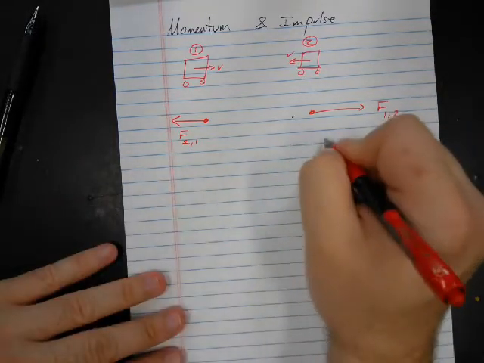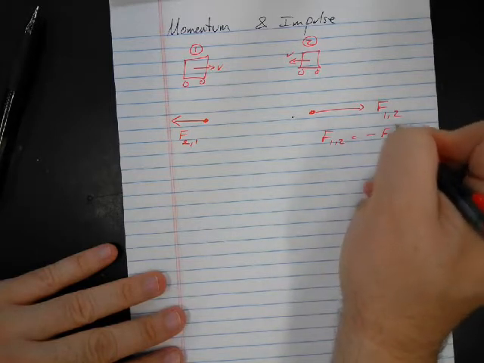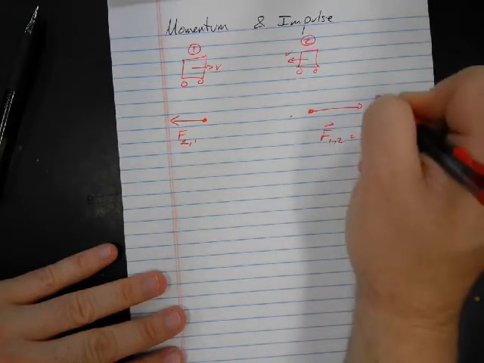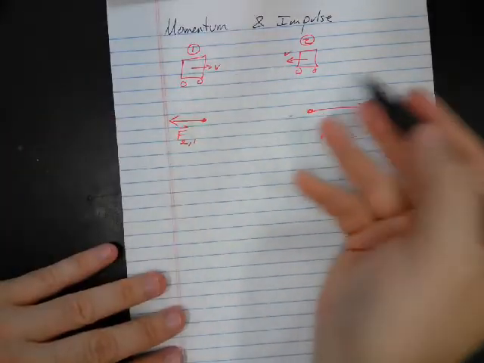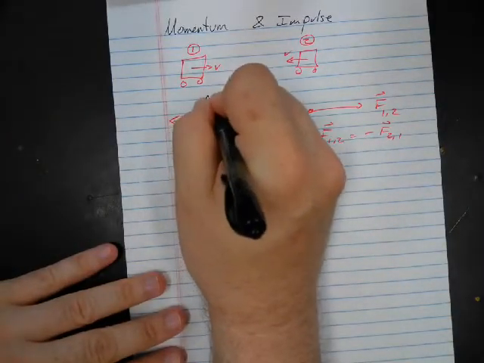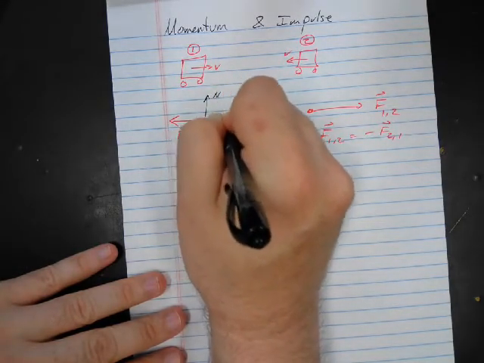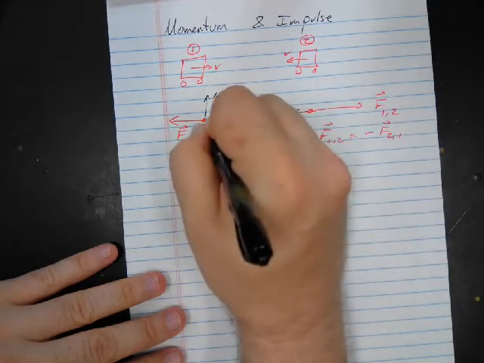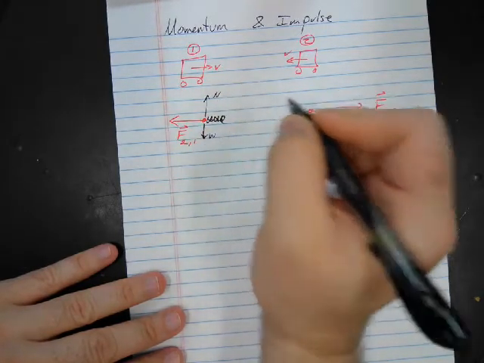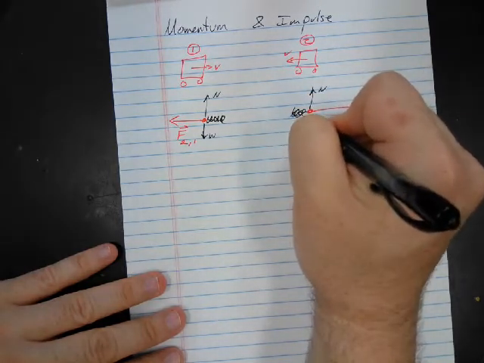And the idea is that F1,2 is minus F2,1 as vectors. Same size, opposite directions. And there might be other stuff. If these are carts, then you would also have normal forces and weight forces. And maybe you'd have friction. Right? But the other cart would also have these things. Right? Let's ignore friction. Let's just put in normal and weight.